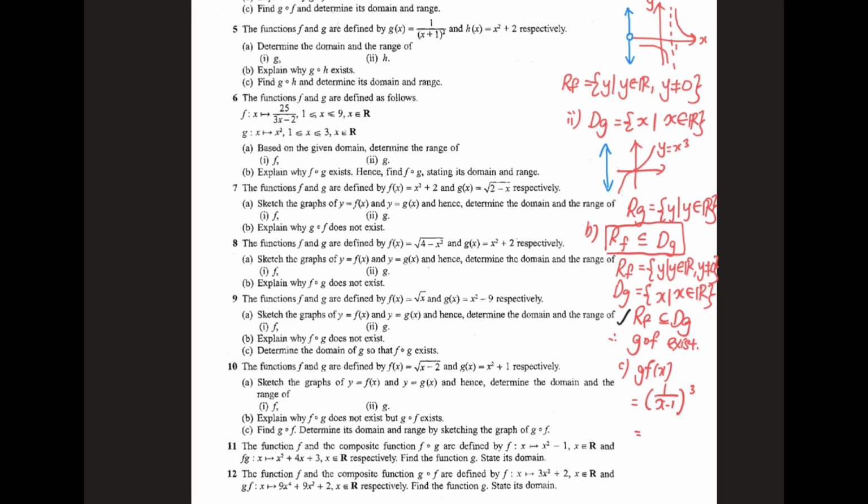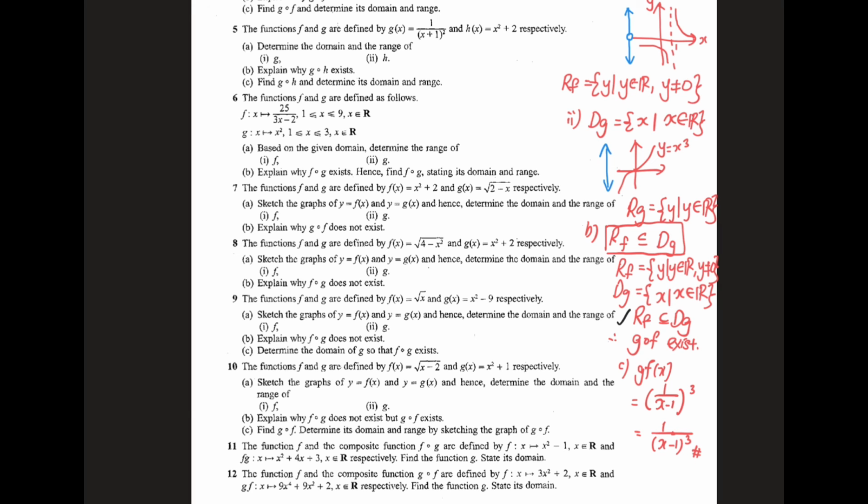So we put 1 over x minus 1 into x cubed. If I simplify it, then it is (1 over x minus 1) cubed. This is called the rule of the composite function.